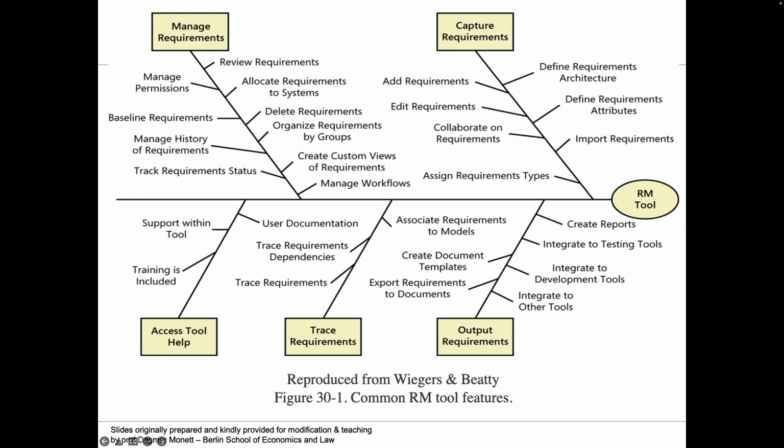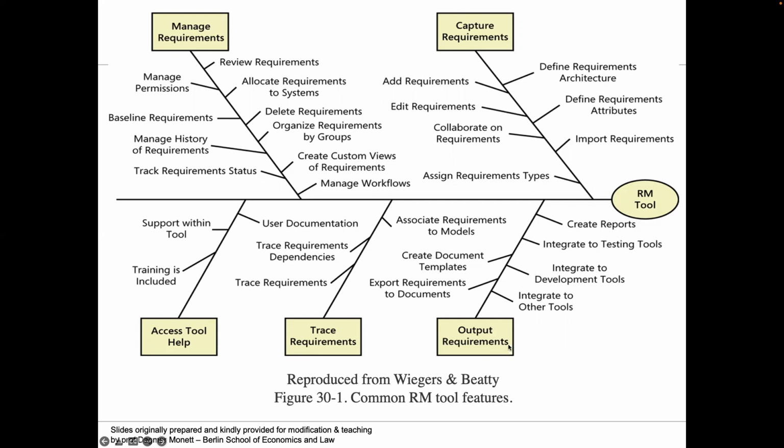You see there's a baseline requirement management tool, and how you can capture the requirements, how you manage them, what support you need within a tool like the help tool, the tools you need to trace the requirements, and the tools you need for the output of the requirements.